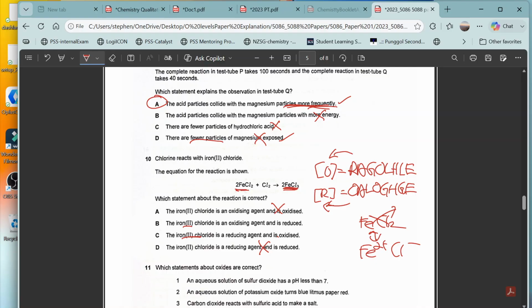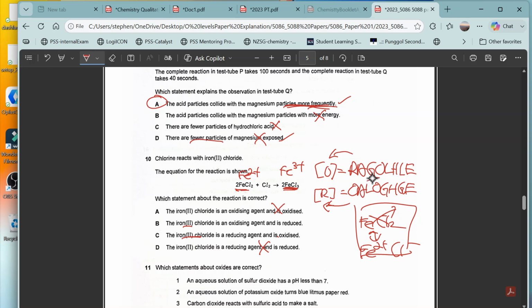You only have one product, and if I use the same method, I realize that this is Fe3 plus and this is Fe2 plus. So in other words, during this reaction, the Fe2 plus has become Fe3 plus. Right? We say that the oxidation state of iron has gone from positive 2 to positive 3.